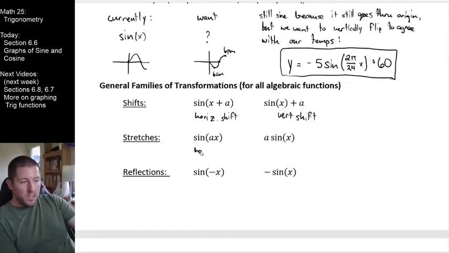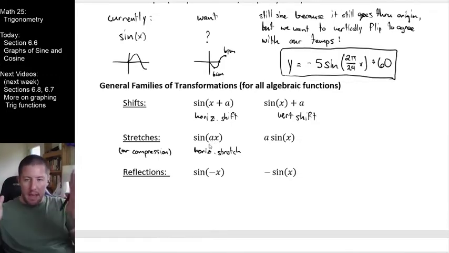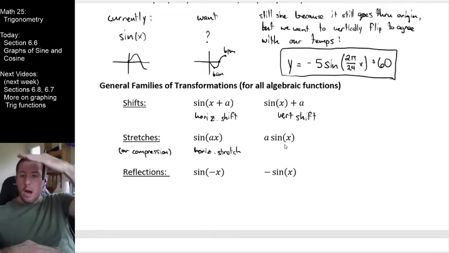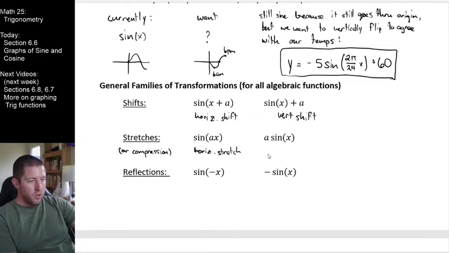This was our horizontal stretch or compression. And that's because the A was on the input to the function, so it adjusted our input values, versus the A on the outside was affecting the outputs from sine, so it affected our output values. So that's going to be a vertical stretch or compression.